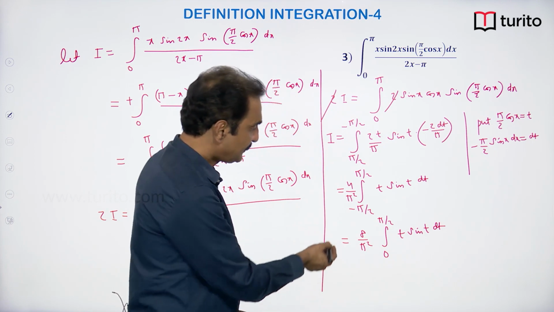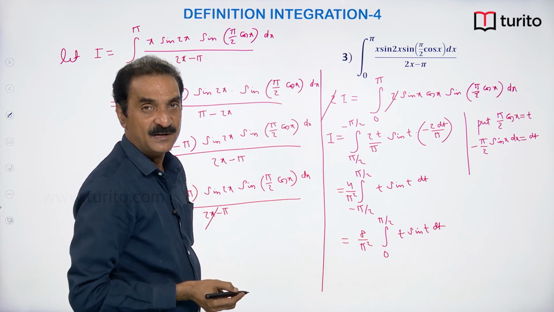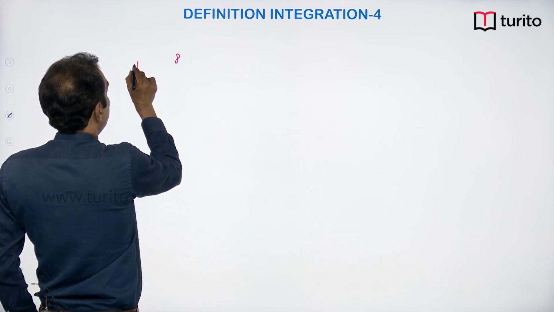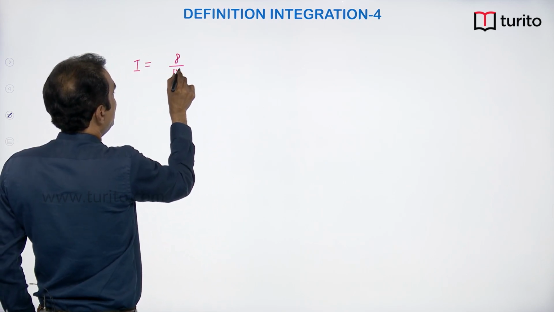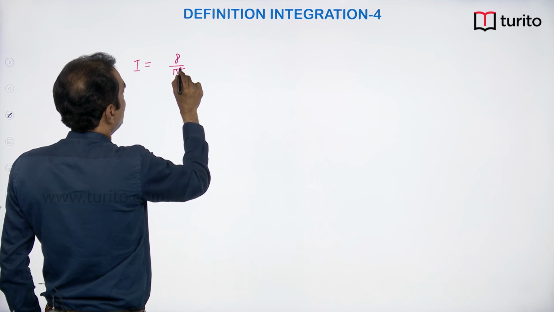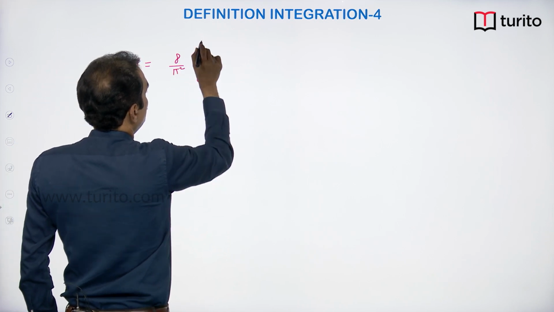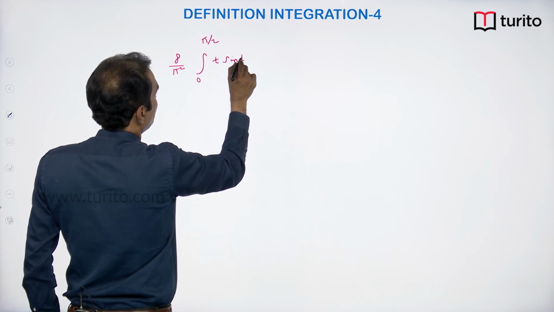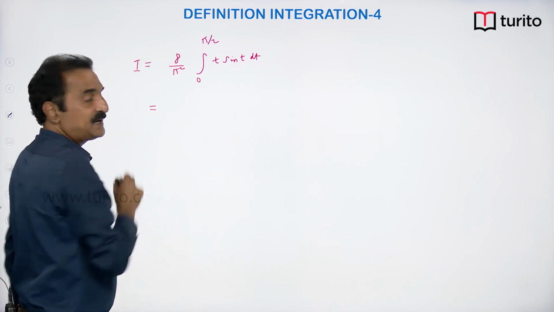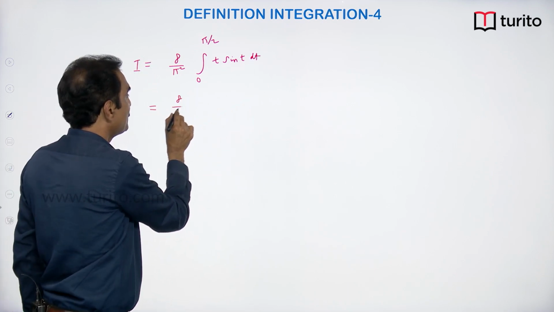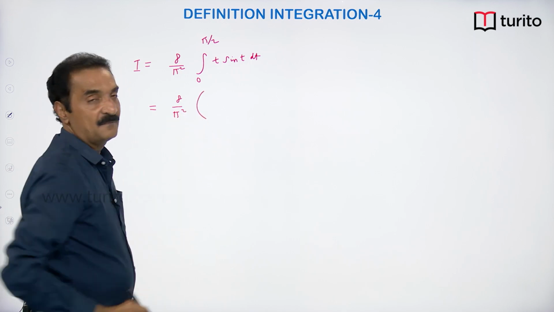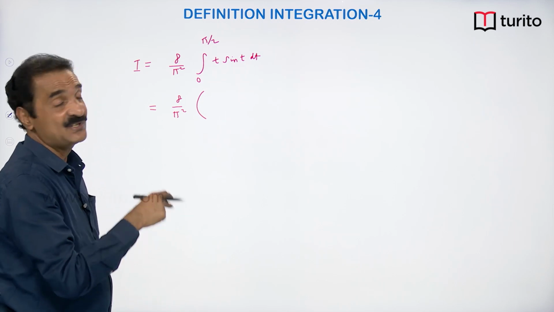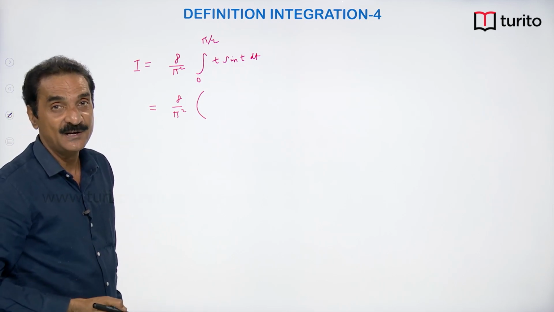Now we have to calculate the integral of t sin t by integrating by parts. I is equal to 8 by pi square integral 0 to pi by 2 t sin t, integrating by parts. First function is t, second function is sin t, according to ILATE rule.